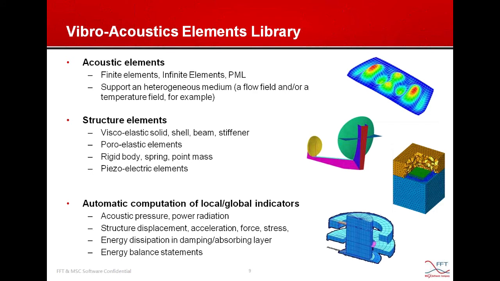And Actran automatically calculates global quantities and local quantities both on the fluid elements and on the structure elements. For example, on fluid elements, we have acoustic pressure as local indicators, or the power radiation as global indicators. And on structures, we have displacement, acceleration as local indicators, and energy dissipation as global indicators.